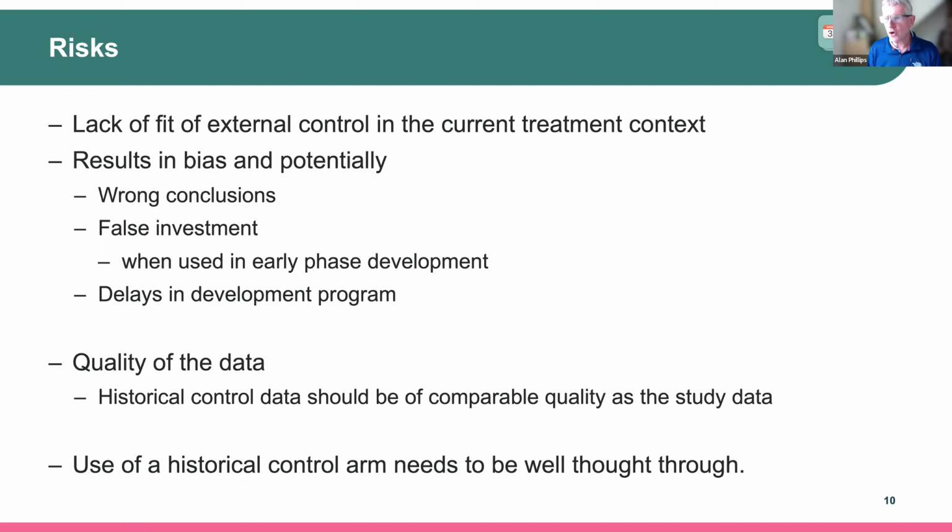Essentially, you have to ensure that the quality of that data would match what you would have got in a clinical trial. So all these issues that I've talked about have to be well thought through, documented, and presented, certainly in the environment I am in, to a regulatory body in order to accept a historical control study.